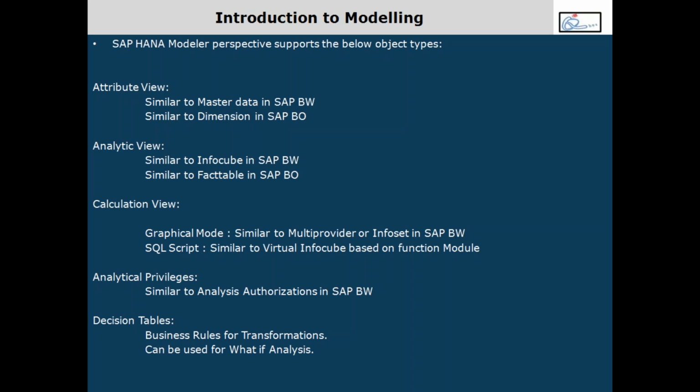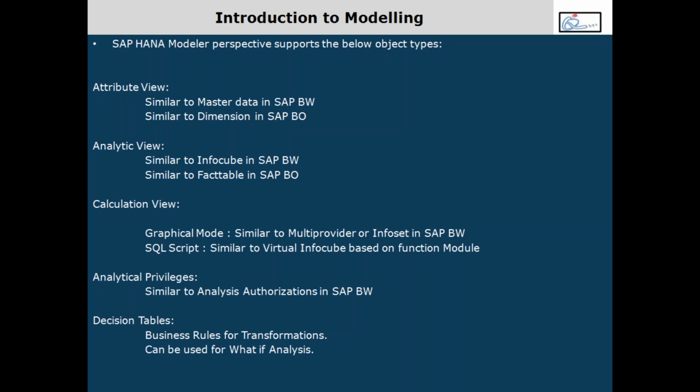But a point to be noted: we can use n number of fact tables in an analytical view, but measures or key figures can be referred only from one table. While creating an analytical view, I can use n number of fact tables or transactional tables, but measures or key figures can be referred only from a single fact table.